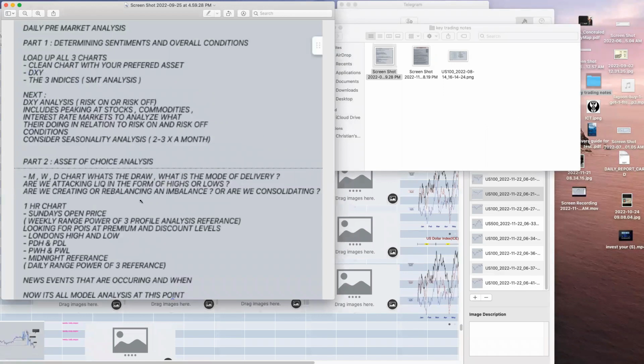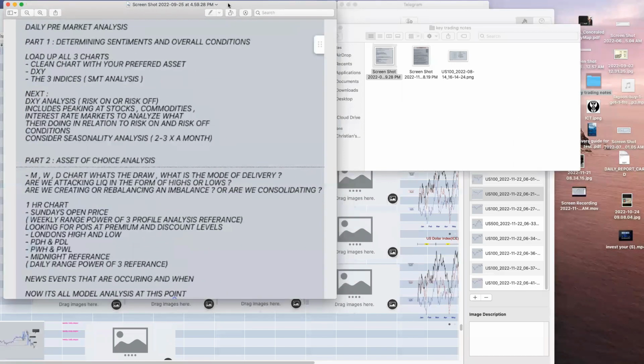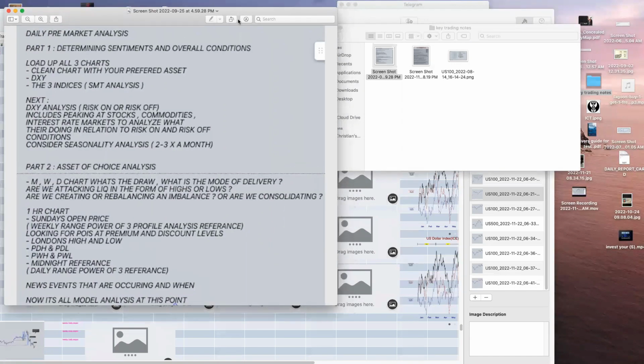So essentially, this is what I'm marking on my chart, or at least it's a template that I use, for intermarket relationships, understanding risk on, risk off, and how that applies to us making decisions, different things that I look at to get an overall view of what the market condition is currently. And then basically, this is how I look for liquidity, right?